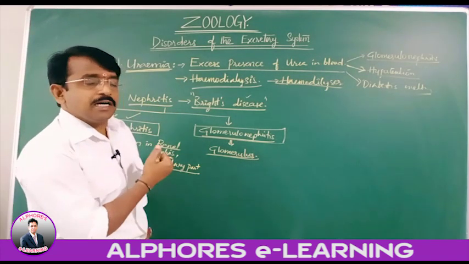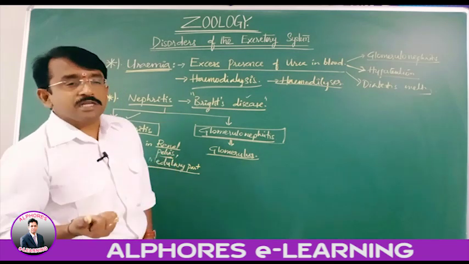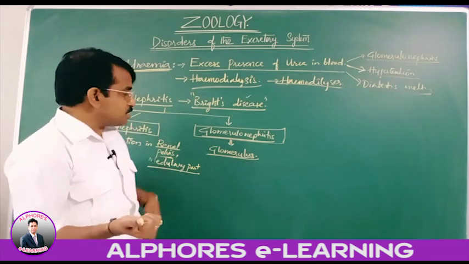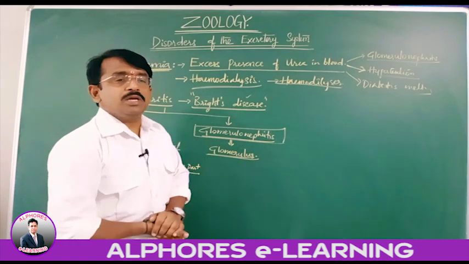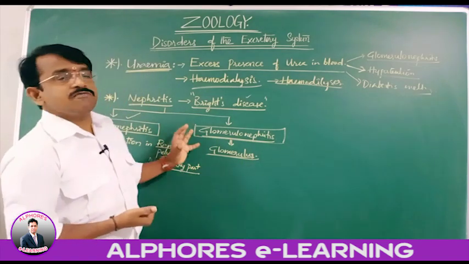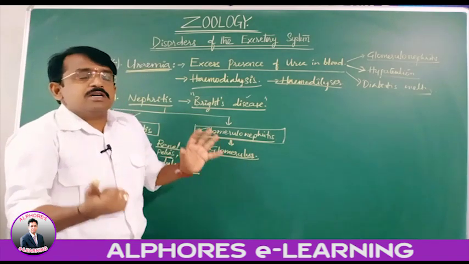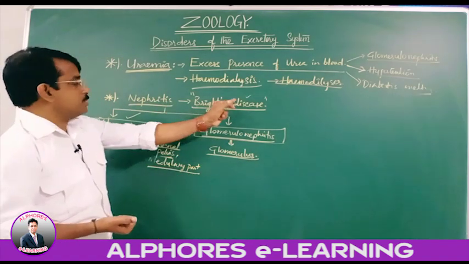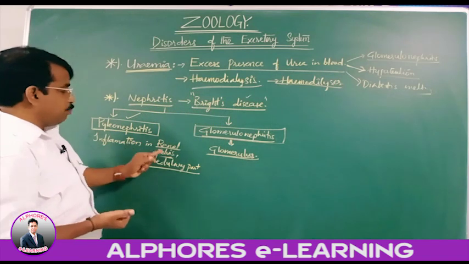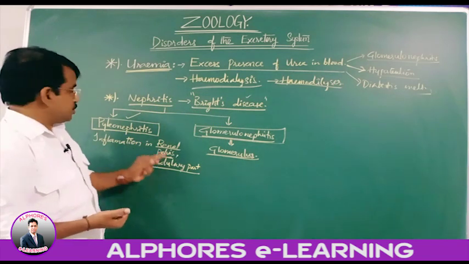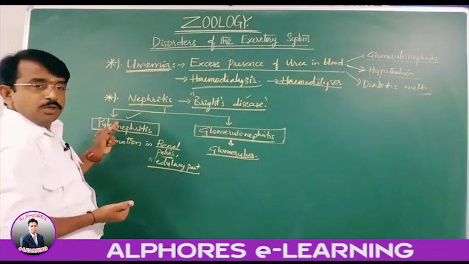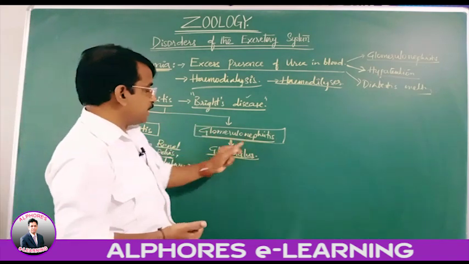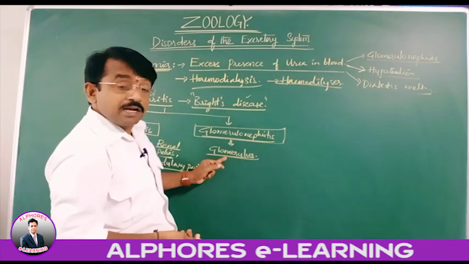It is the malfunctioning of the kidneys, the glomeruli being engorged with blood, and that results in the inflammation. That's nephritis, Bright's disease.